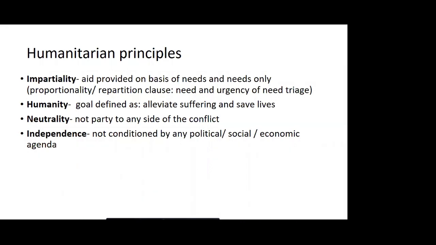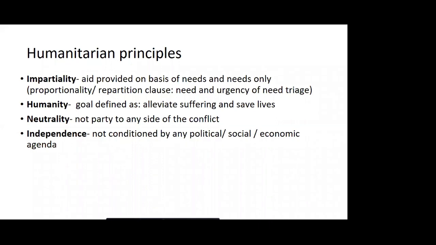Whether you're doing research or you're implementing, there's no way of thinking about doing that work without addressing the needs, which are directly derived from those 4 principles. So the impartiality, which basically always looks at how we're providing the support. And the idea is fundamental in here that we only do that on the basis of needs. So it's supposed to be proportional to the need.